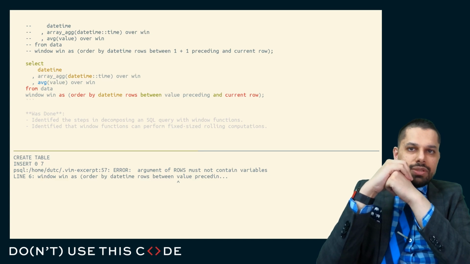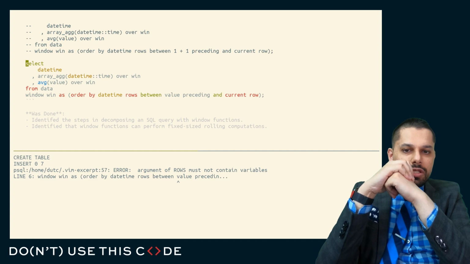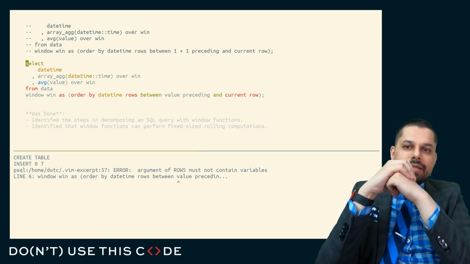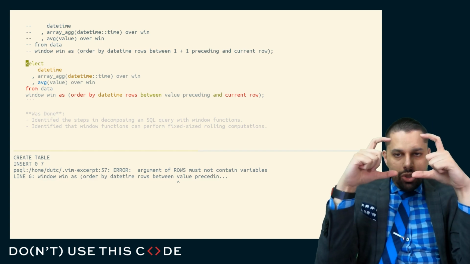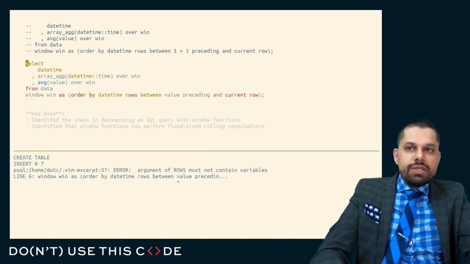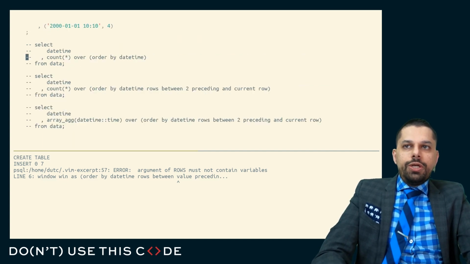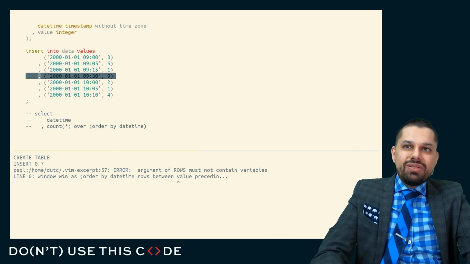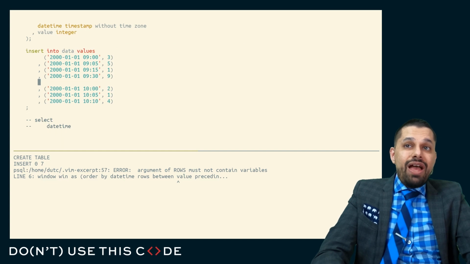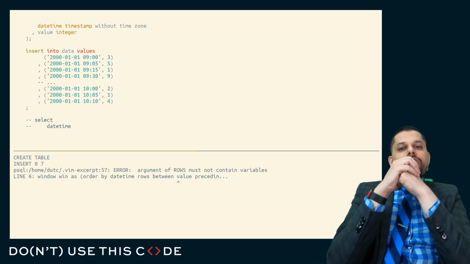The frame clause cannot have a variable number of rows, and as a consequence, the window function can only perform windowed looks at data where the resulting computation must have a fixed number of rows. And because one of the premises of our rolling operation here was that sometimes we have 3 signals, sometimes we have 2 signals, sometimes we have 1 signal, sometimes maybe we don't have any signals, we cannot do this with our window function.